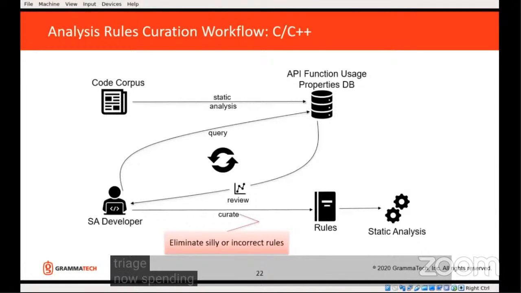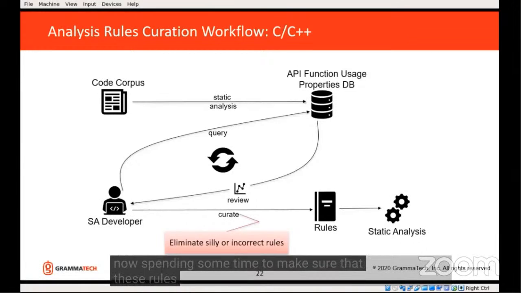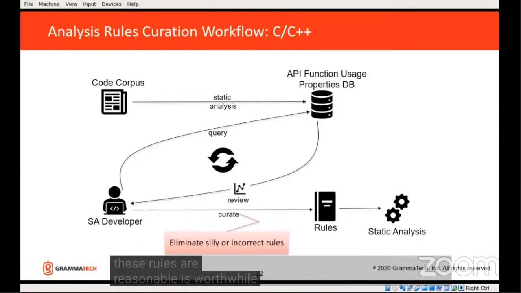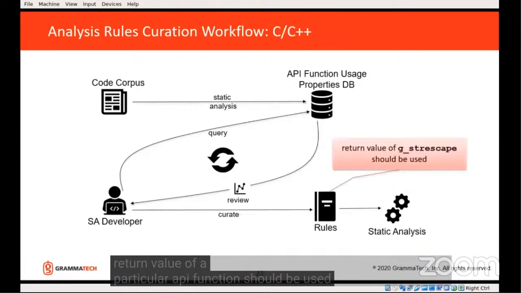Now, spending some time to make sure that these rules are reasonable is worthwhile, because otherwise a user who's using the static analysis based on these rules might have to spend a lot more time getting frustrated with lots of false positives. And so these curated rules in this particular case are of the form the return value of a particular API function should be used.